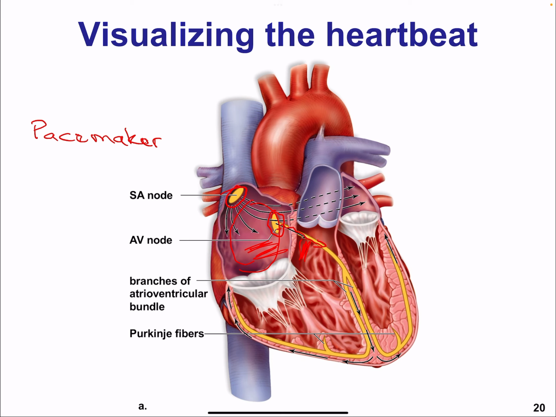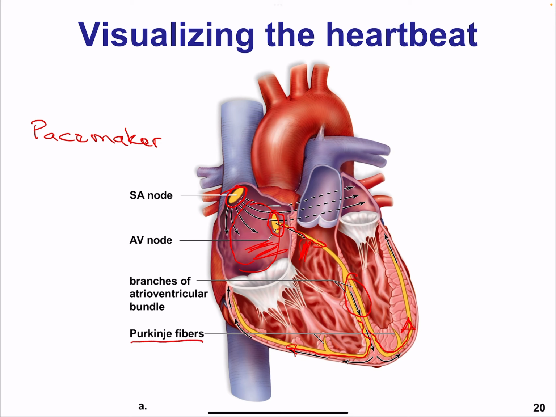Now, there is one particular bundle I would like to share with you here. You have a branch that happens here, and that branch happens because this right side has to be innervated, and the left side also has to be innervated, right? And these branches are called the Purkinje fibers.